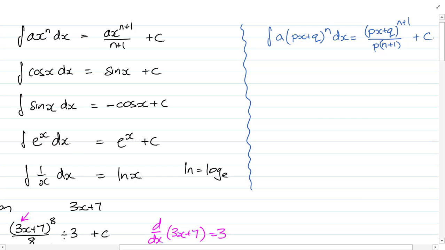So we have to divide by p as well. Everything else is the same, but we also have to divide by p. Cos of px plus q dx equals sine of px plus q over p.